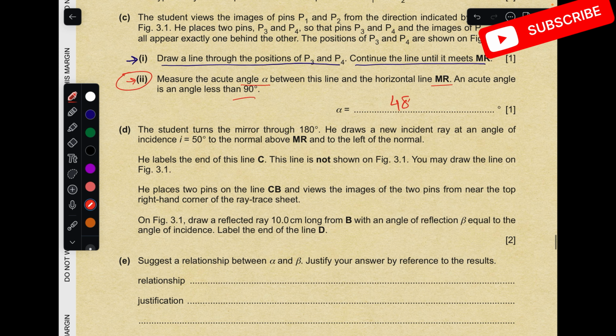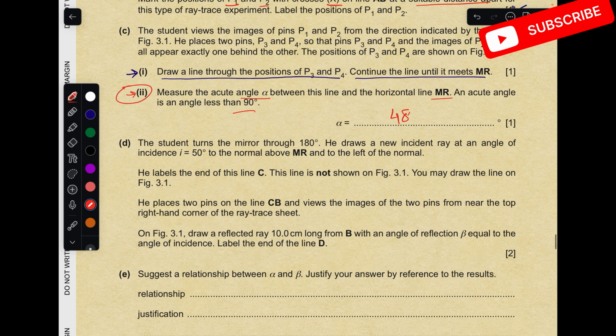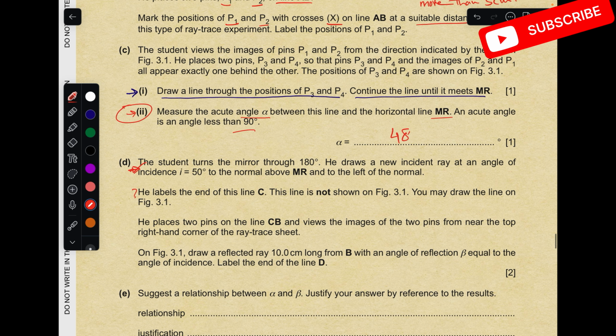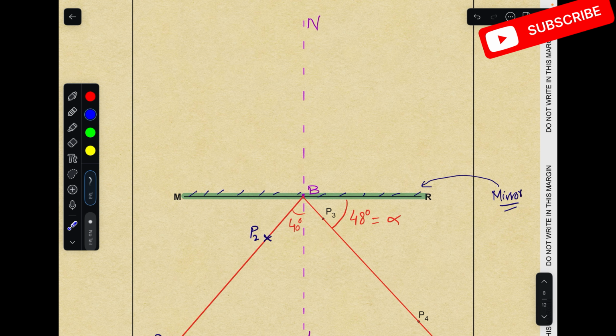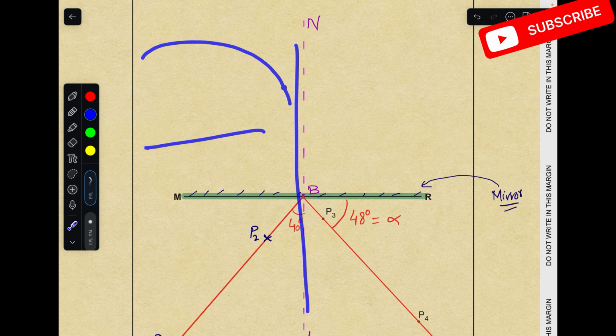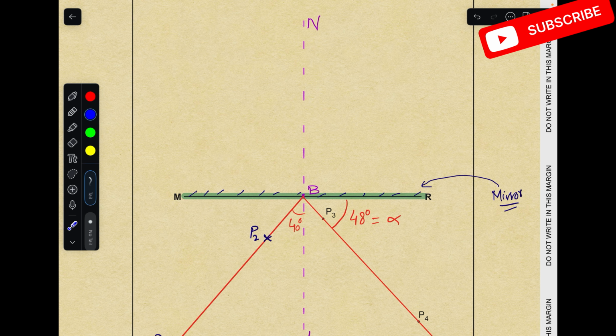The student turns the mirror through 180. He draws a new incident ray at an angle of incidence 50 degrees to the normal, above MR and left of the normal. So you have to do this now. First, I'm going to do this, then we will discuss it. The student turns the mirror 180 and draws an incident ray on the left side and on the top, with a 50-degree angle to the normal.